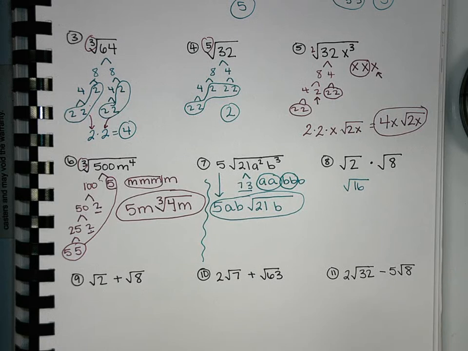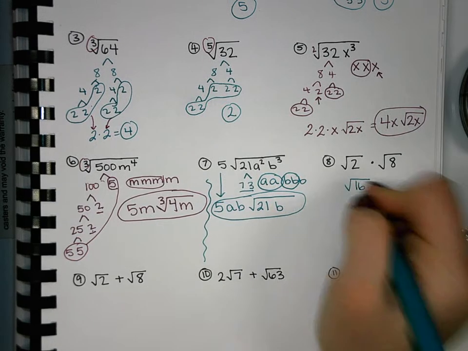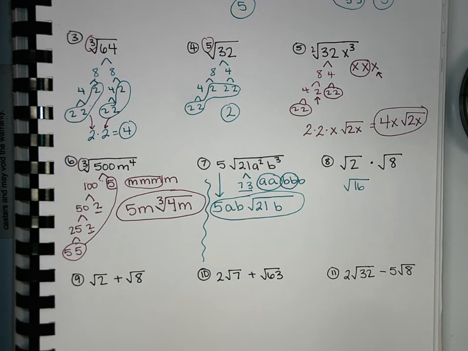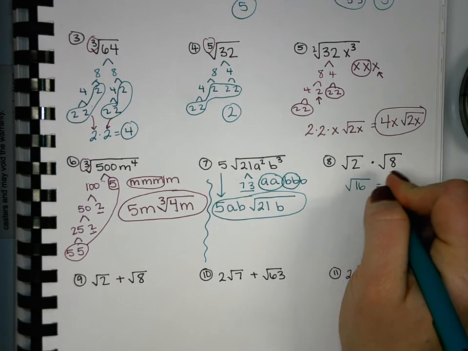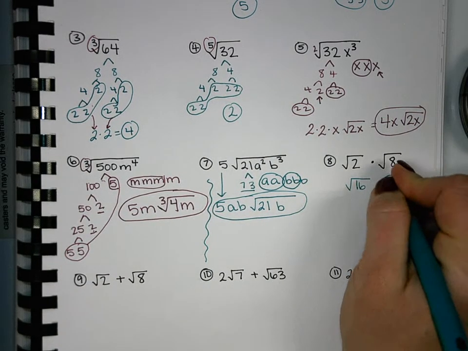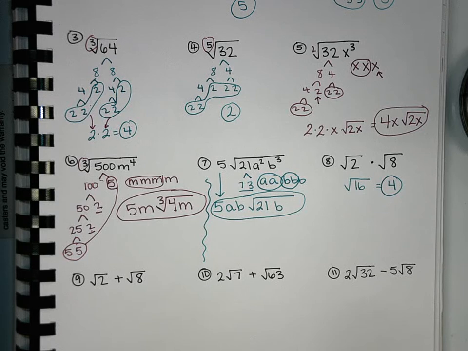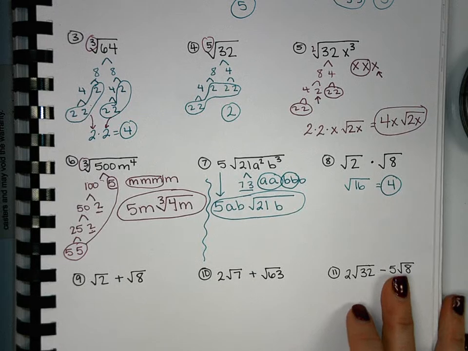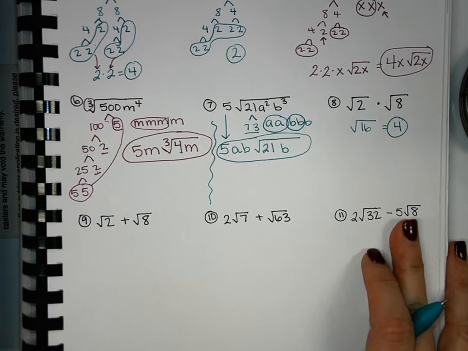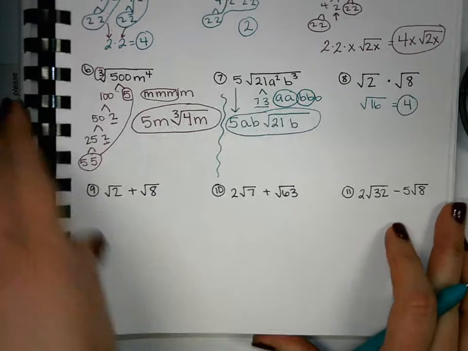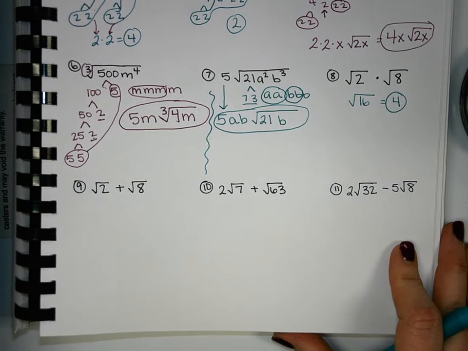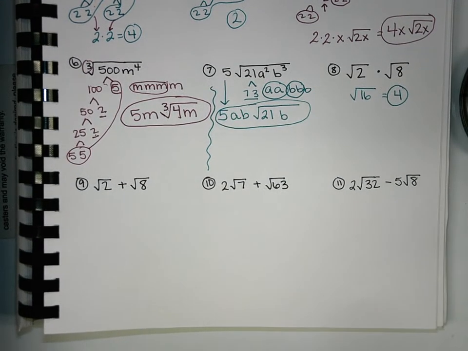Made our tree to simplify. But what is the square root of 16? 4. So if you know it's a perfect square, do you really need to make the tree? No. If you know those perfect squares or perfect cubes, they'll help you go a little quicker because you're not always making the tree. Okay, so 9, 10, and 11 we haven't really done, but they go right in with our simplifying.